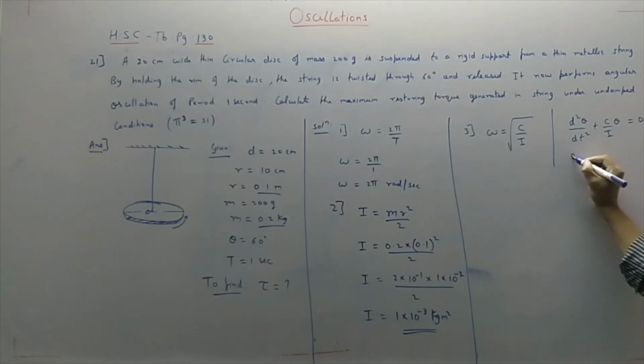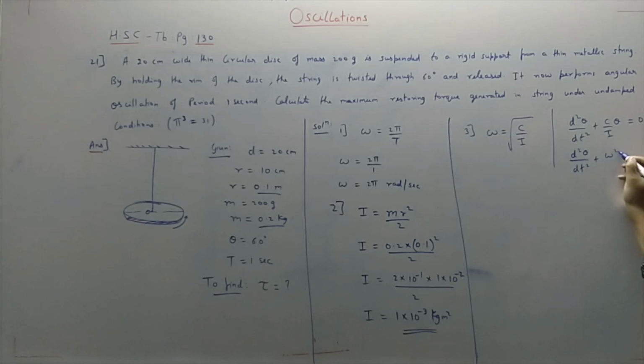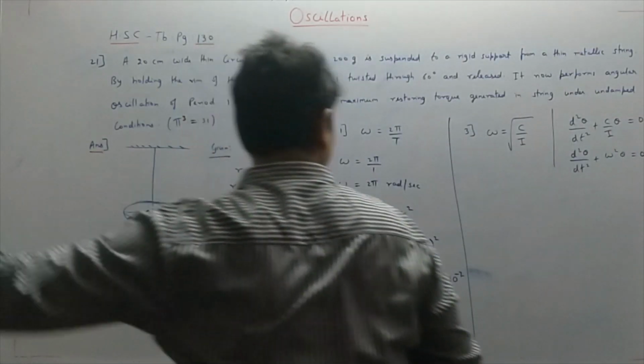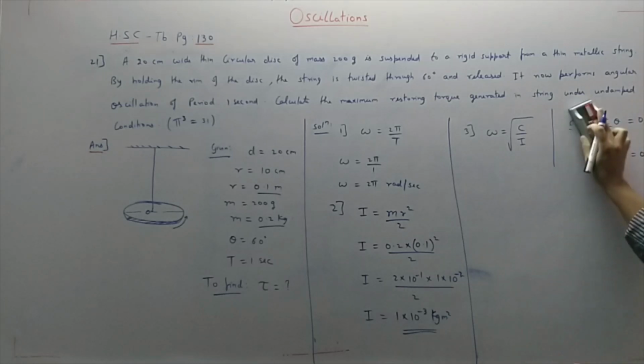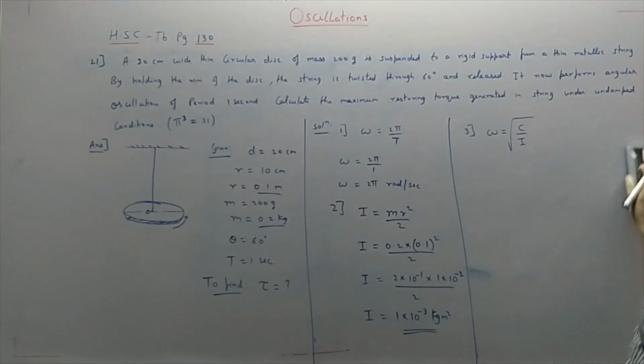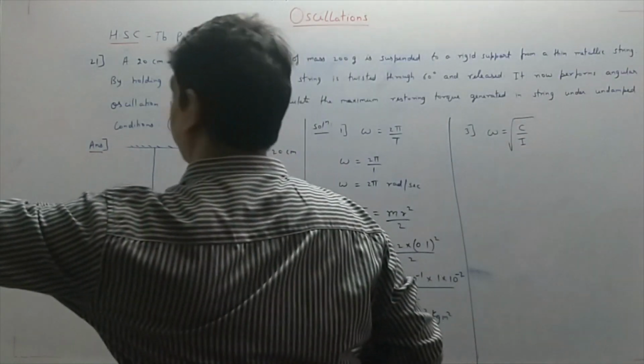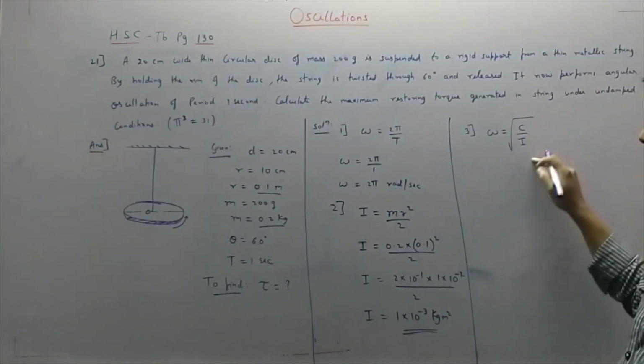When we compare this with d square theta upon dt square plus omega square theta equal to 0, omega square is C upon I. So omega is root of C upon I. So here we get the formula for angular frequency for angular simple harmonic motion, root of C upon I, moment of inertia.